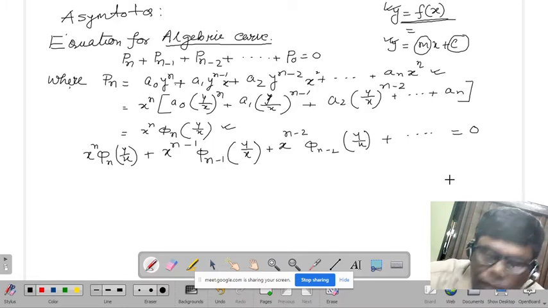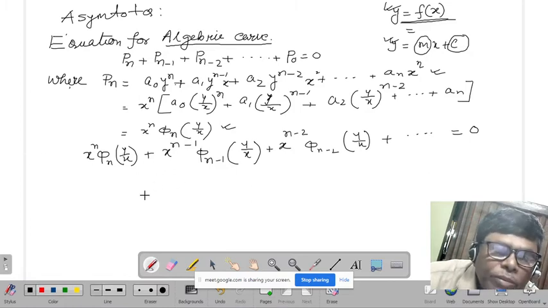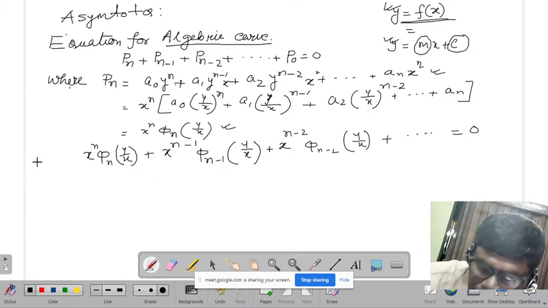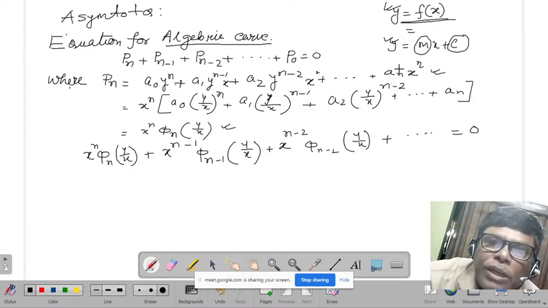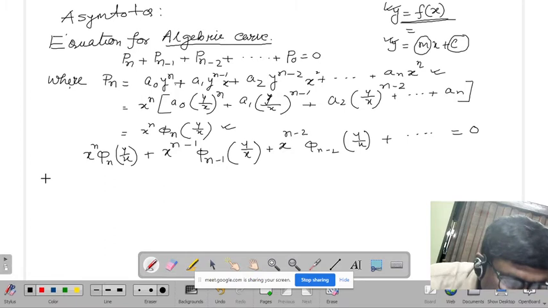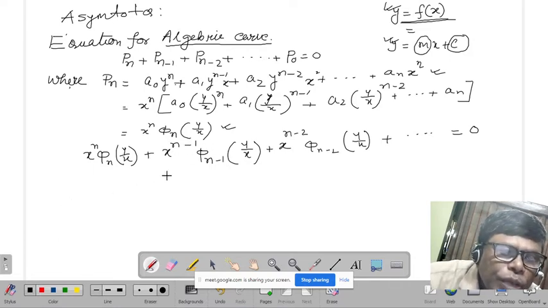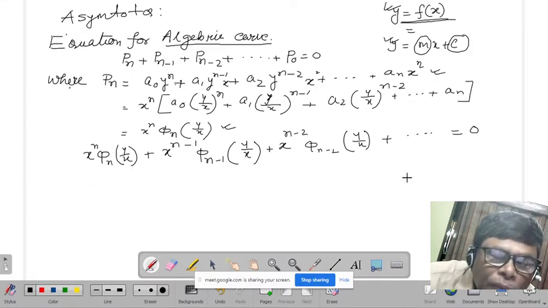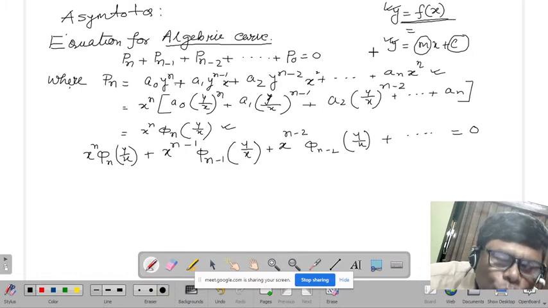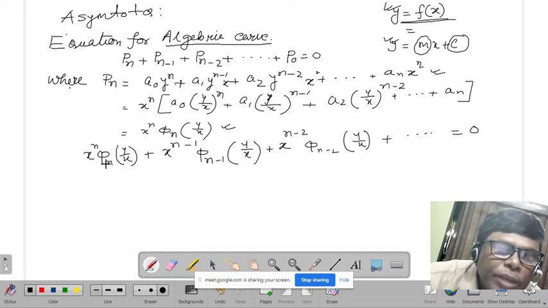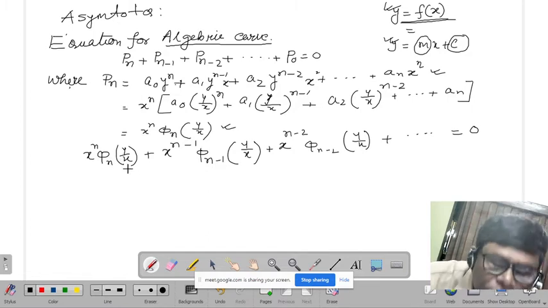So that means touch the curve means, at infinity means at x is equal to infinity. Remember this fact that asymptotes are those straight lines which will touch the curve at infinity, at x is equal to infinity. So we shall derive some expression for asymptotes under this condition.